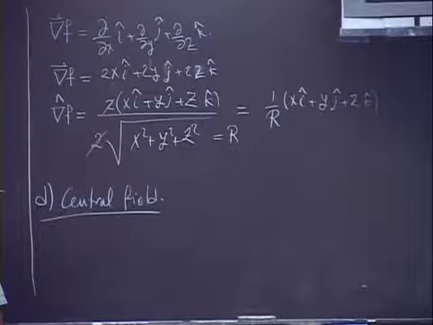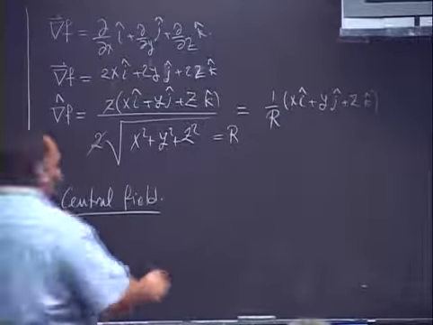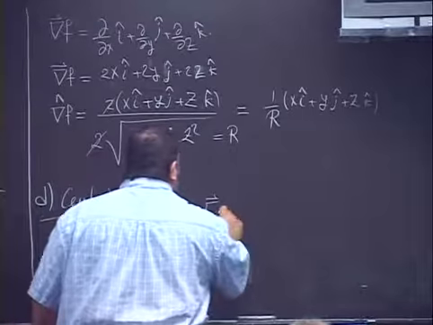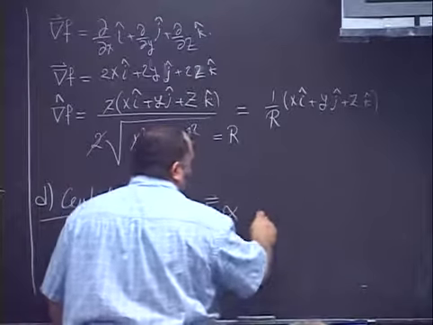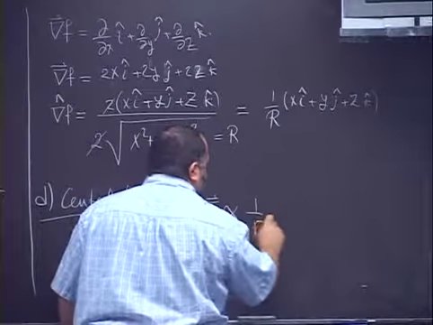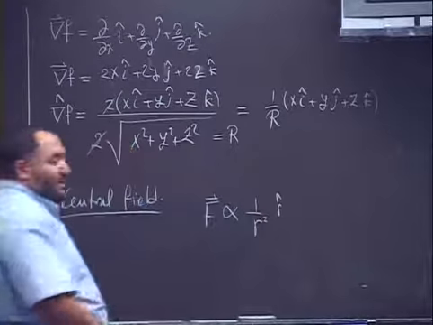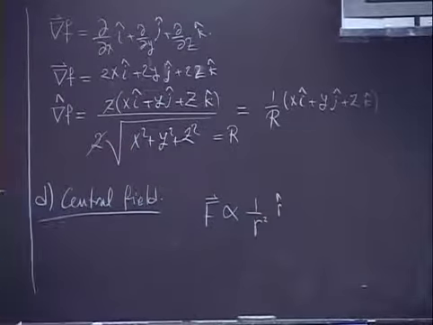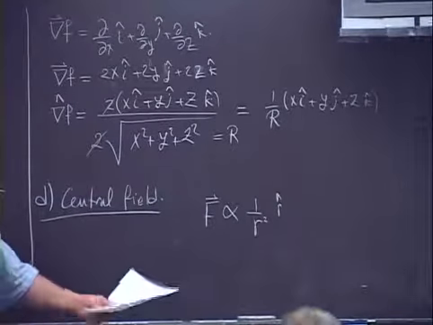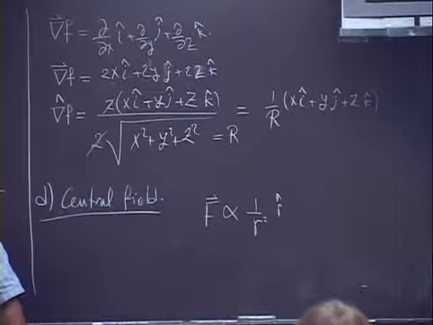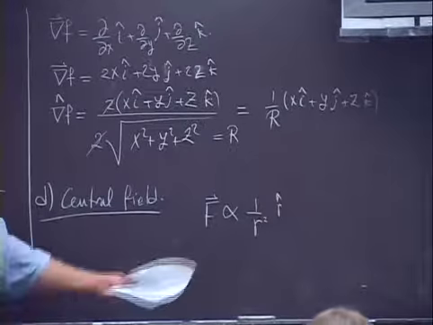With the distance. So in a central field, the force will always be proportional, let's say, to r or r squared or whatever, and it will be in the direction of r. This is called a central field. The force, like what? Gravitational field. And what else? Electrostatic field is also a central field.